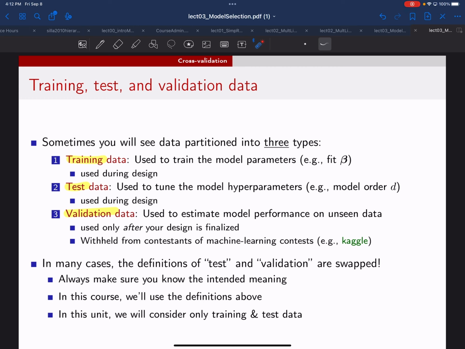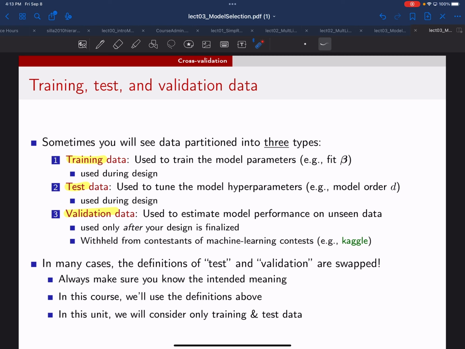So that's just the main point here. So sometimes you have training, test, and validation. And one place you'll see this validation data is there's a lot of machine learning contests where they will put up data for users to use, and the users competing, the contestants, will take that data and they'll somehow split it into training and test.